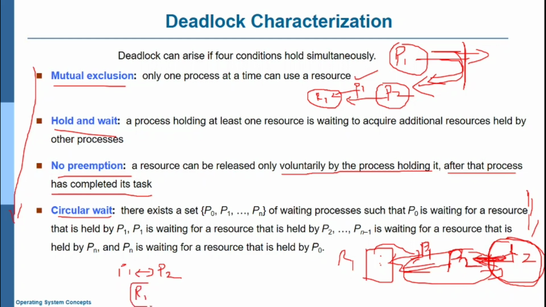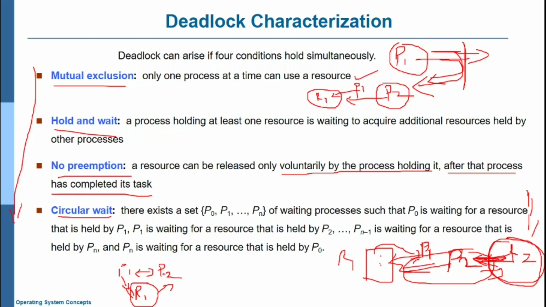There is one resource. Since it has been held by P1, and even though both are friends, P2 cannot ask, "Please release your resource so I can complete my task." It can't do that. So P1 has to complete its task, and then only it can release the resource.